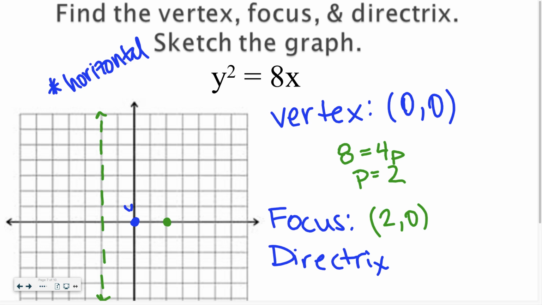Then I'm going to look at my graph and say, okay, that is the line x equals -2. So our directrix is x equals -2. Isn't that easier than trying to remember when to add P or subtract P from which coordinate? Always do it based on the graph.